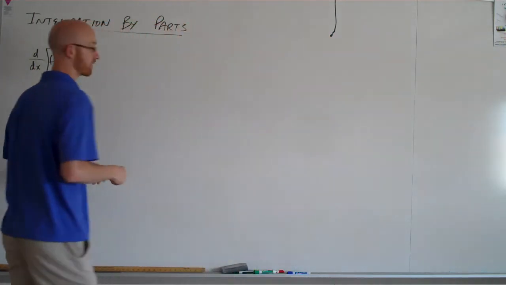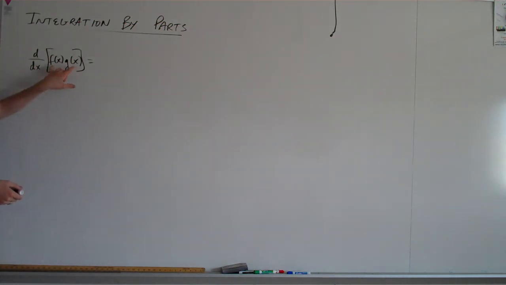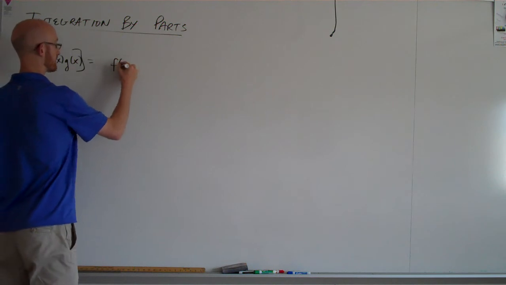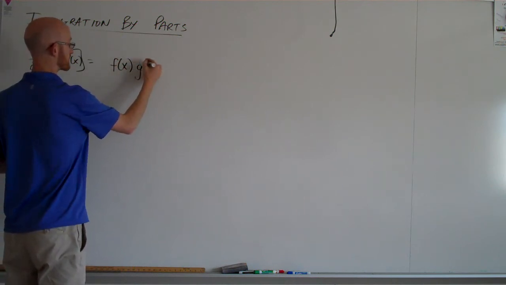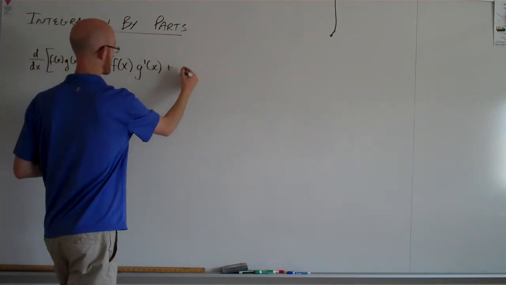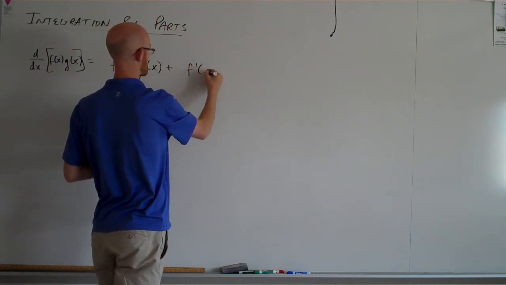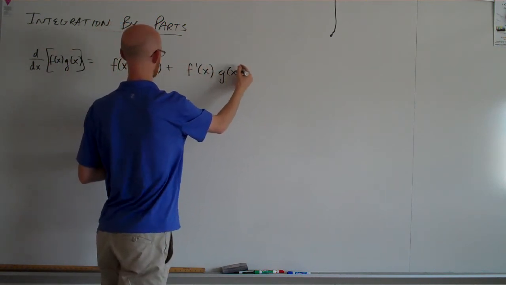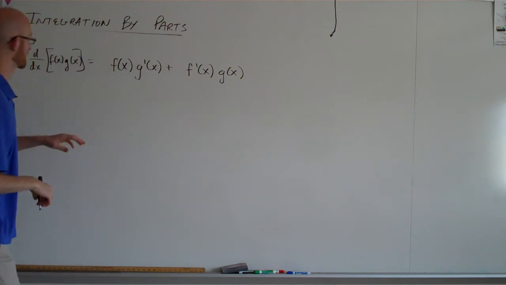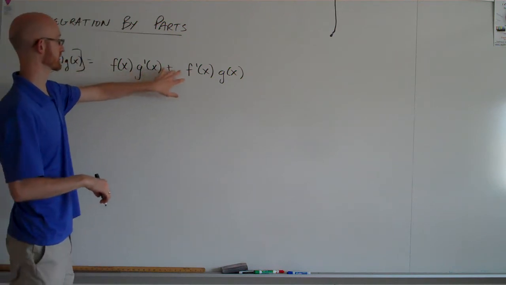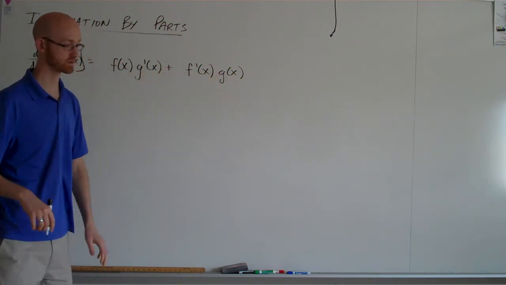So I just want to recall the product rule first. The derivative of the product of two functions is the first function times the derivative of the second plus the derivative of the first function times the second function. So again, that was first, derivative of second, second, derivative of first.